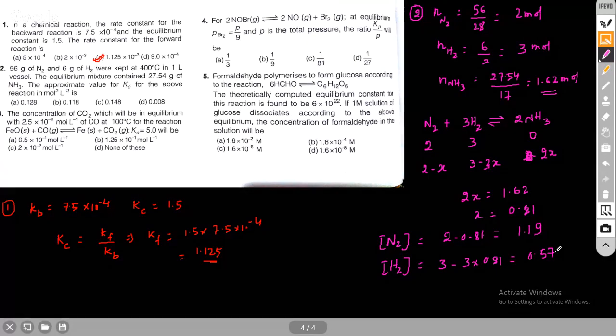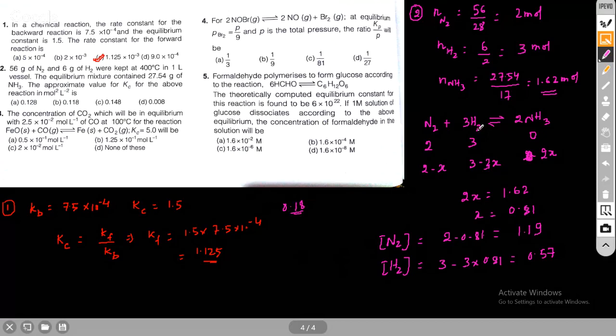I think it's wrong then. Yeah, it's wrong. There is a mistake they have done. I saw it now, they have actually taken the x value 0.18 by mistake.